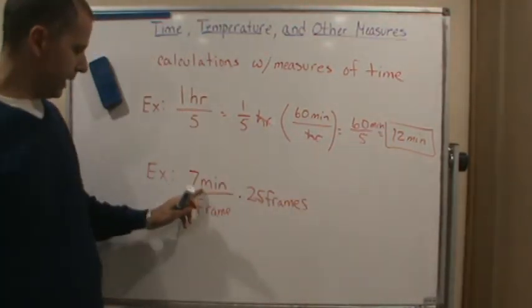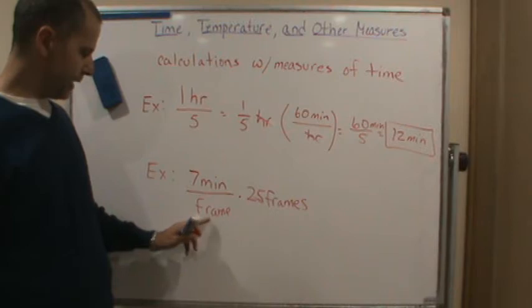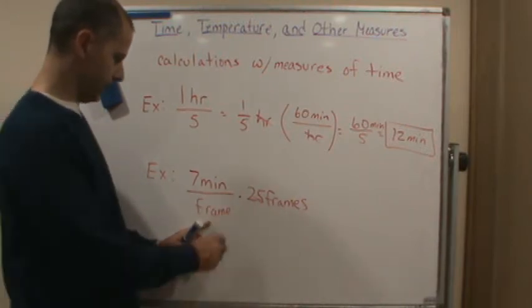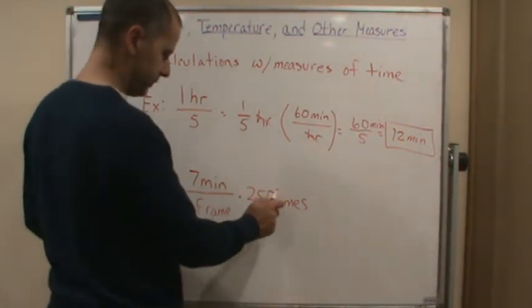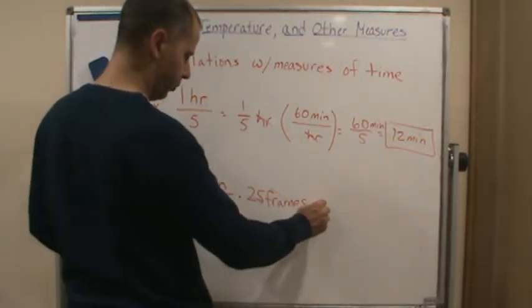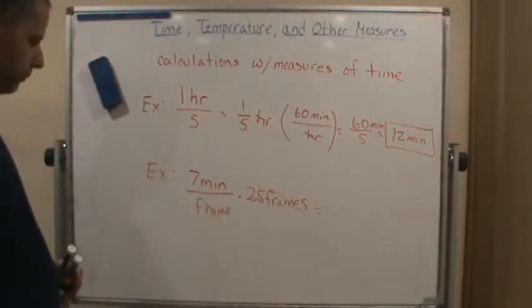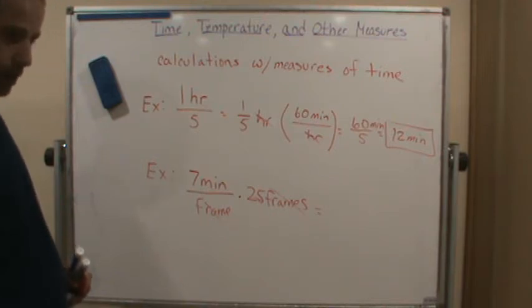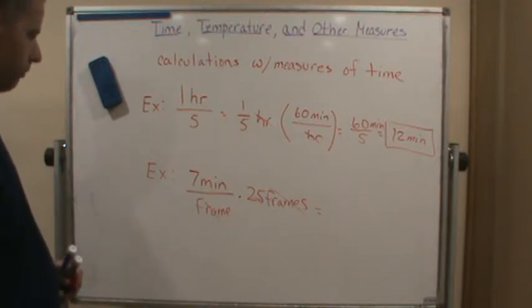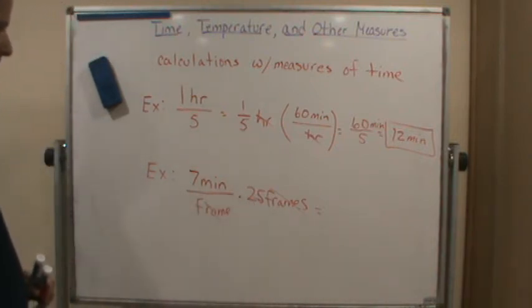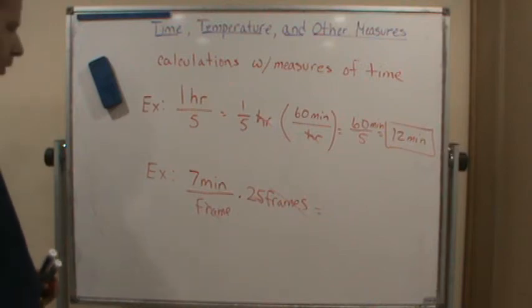Because we have minutes on top and frames on the bottom, so when we multiply, the frames cancel, and we're left with minutes. So 7 times 25 is how many minutes?